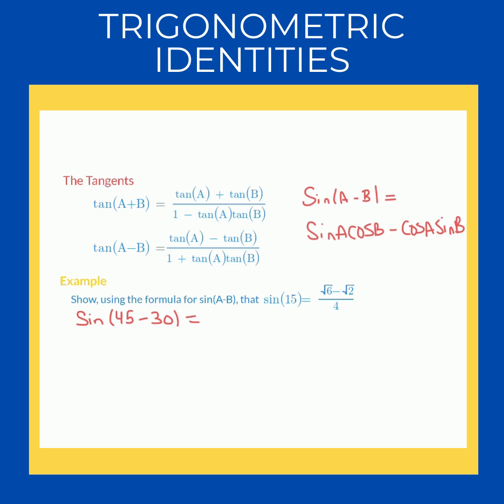Now using the identity sine of a minus b, I'm going to write it here: sine of a minus b is equal to sine a cosine b minus cosine a sine b.